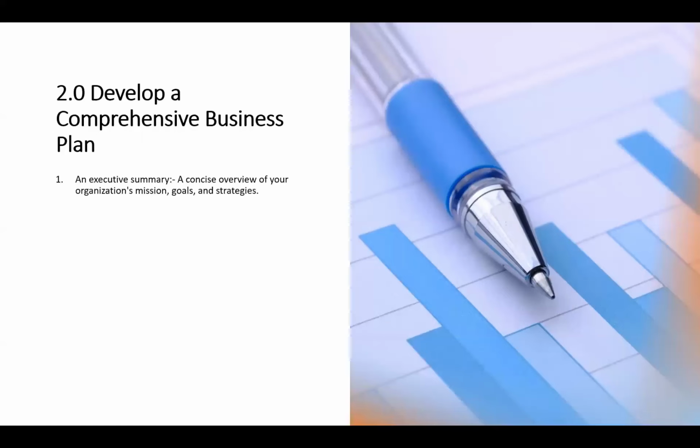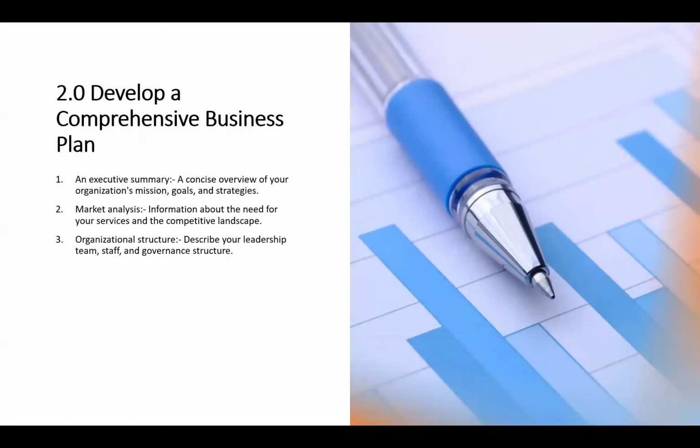The other very important point, as I mentioned earlier, is you must have a comprehensive business plan. This will include key issues like an executive summary: what are you doing? You have a good market analysis, looking at the entry point, how the market looks, the product that you're doing, who the competitors are, and what your competitive advantage is.